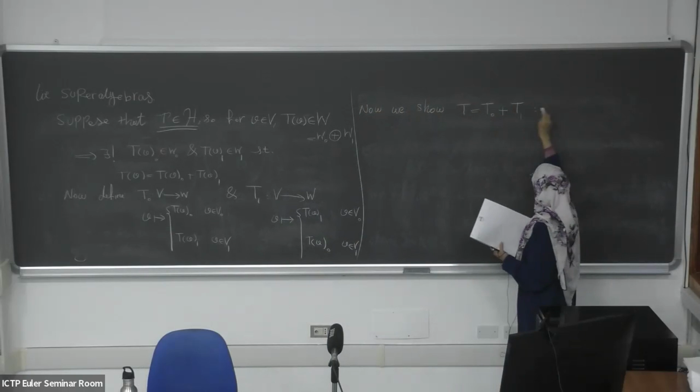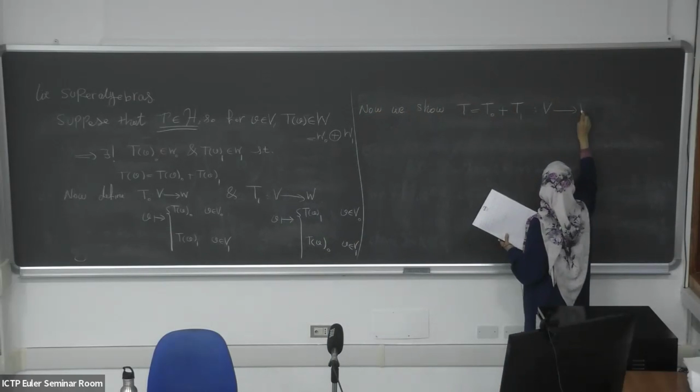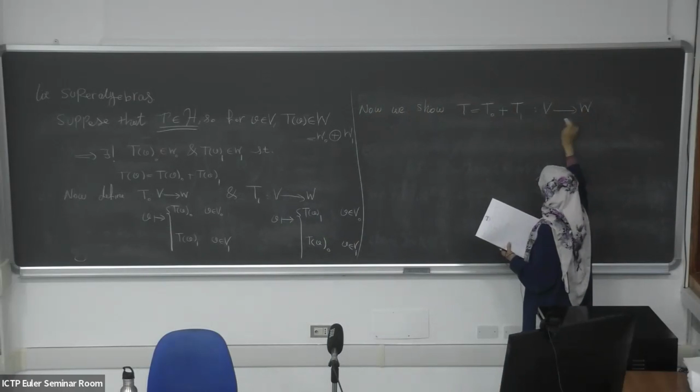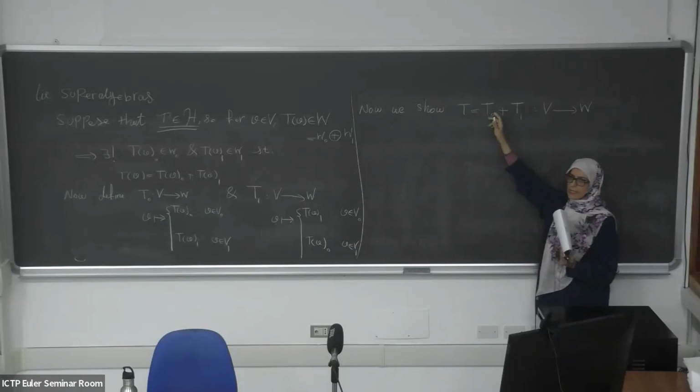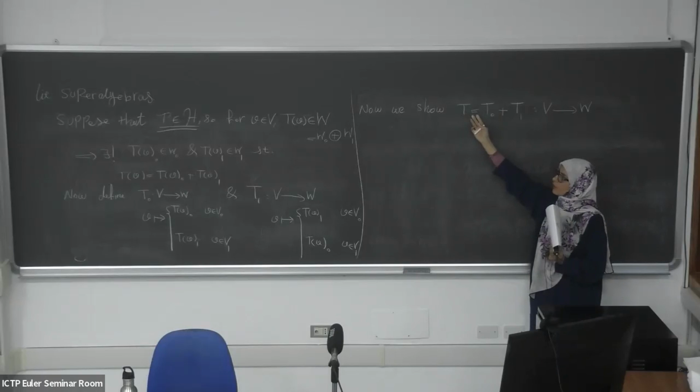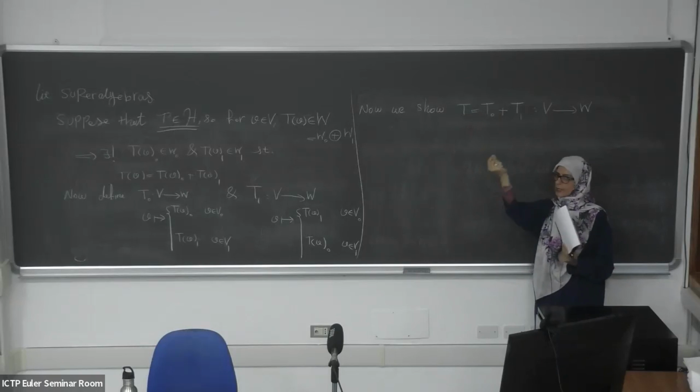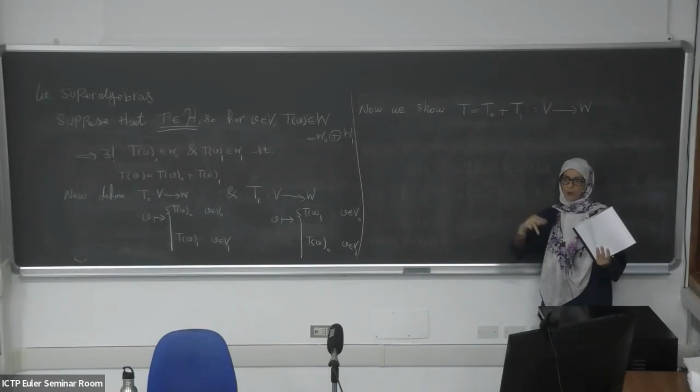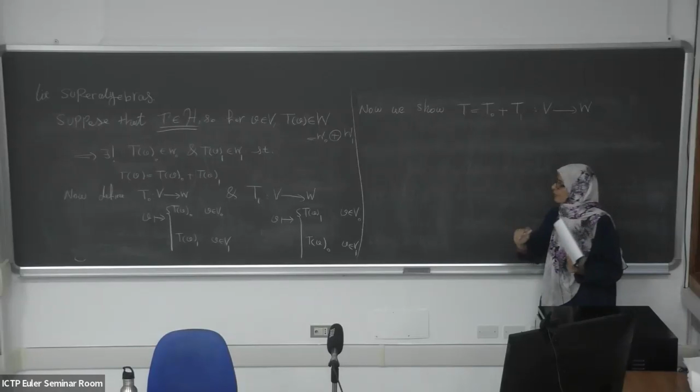We have two linear transformations from V to W, and if we want to show that these two linear transformations are equal, it is enough to take one element and show that both are the same at that element.